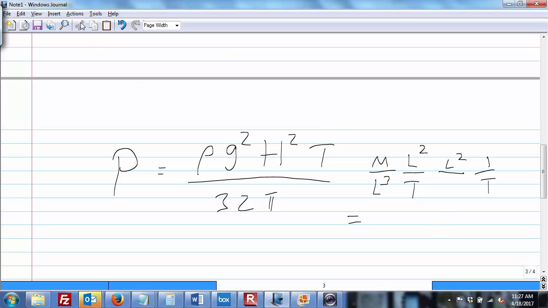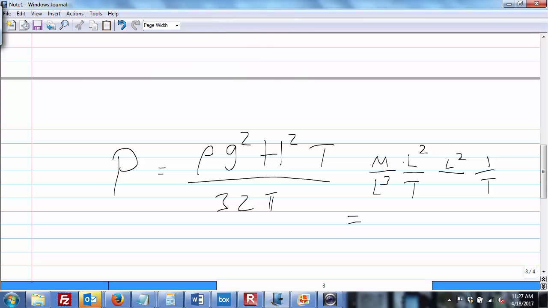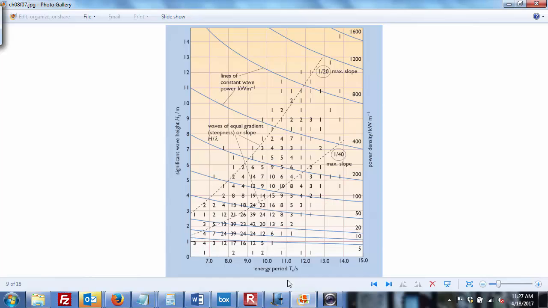It may turn out that we have to flip the units on that T. Okay, I've got gravity right now, so I've got length to the 4th over T to the 5th. That T is going to have to flip. Let me just take a look. Energy period.